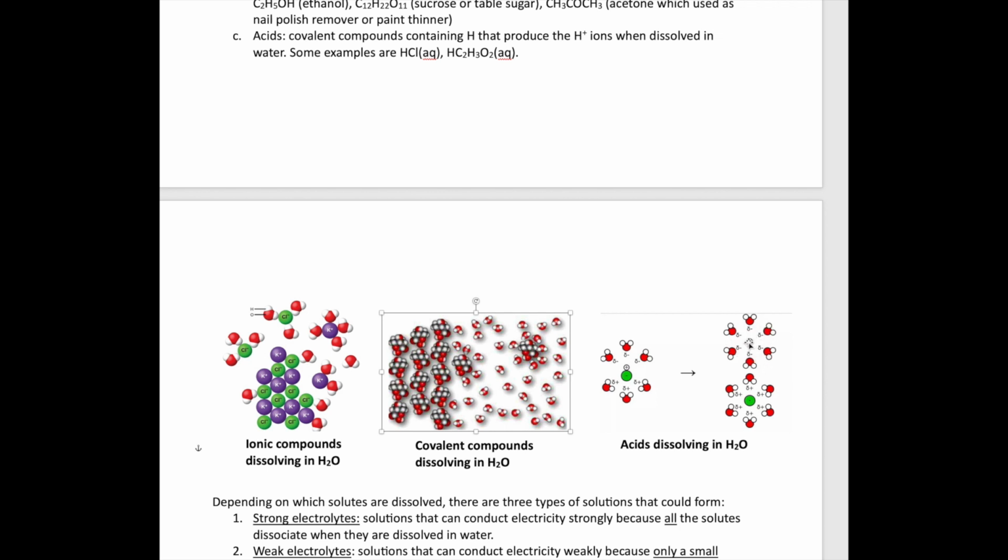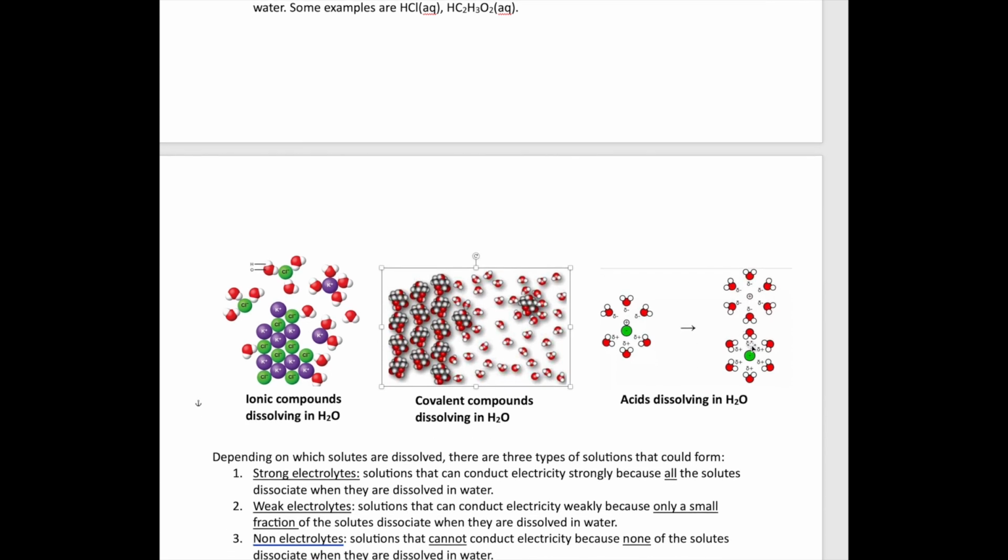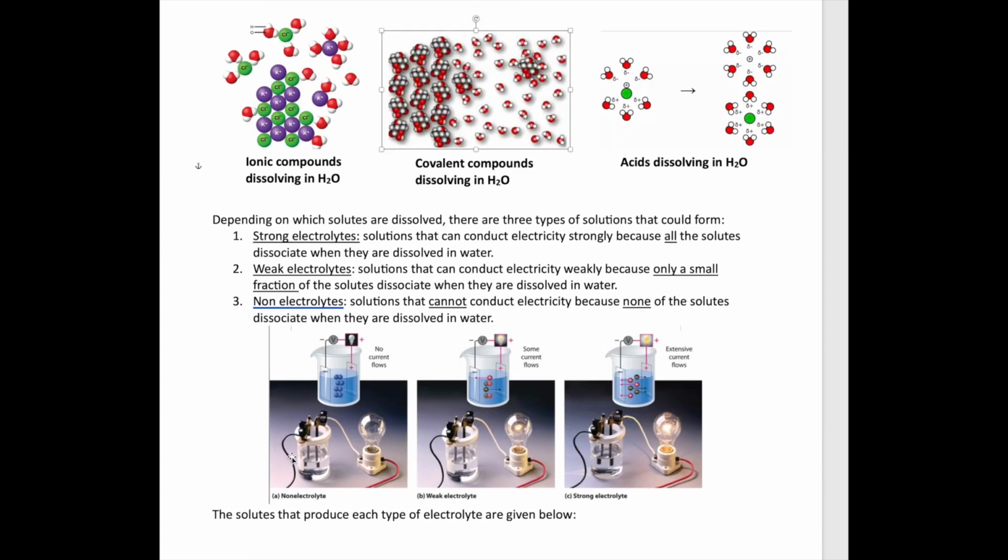The H+, which is a positive charge, is going to interact with the negative parts of water, which is this red portion. That's the oxygen. And then vice versa, the anion in the acid will interact with the positive pole of water, which is the hydrogen end of water.